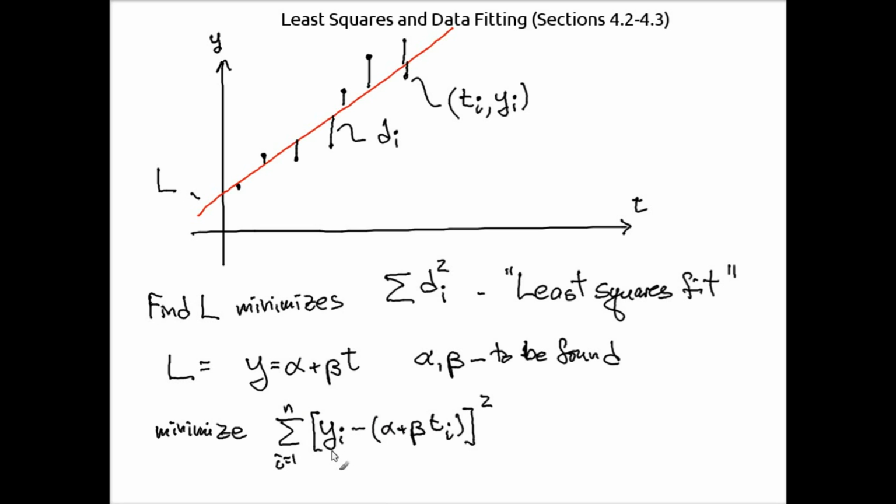So this number here, yi, is the y value for the point, and this is the y value on the line, and so this thing right here is what I called di.